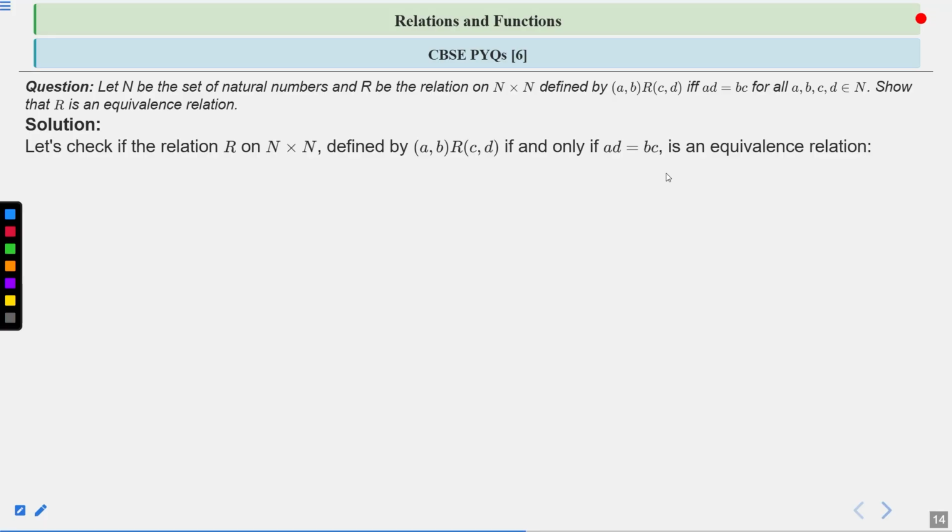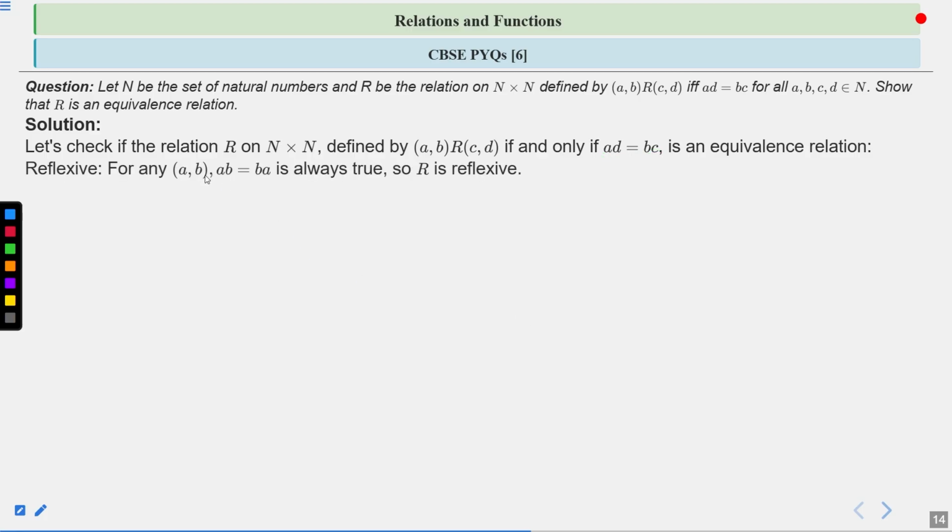Now let's check the relation R on N × N. (A,B) is related to (C,D) if and only if it satisfies AD is equal to BC, right? You can see in the question. So let's check whether it's an equivalence or not.